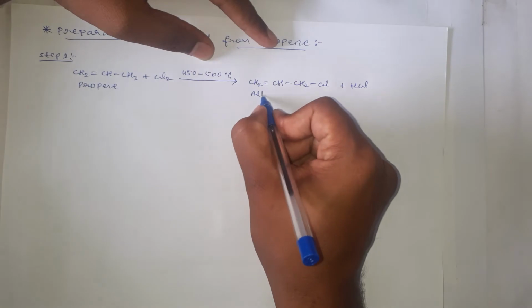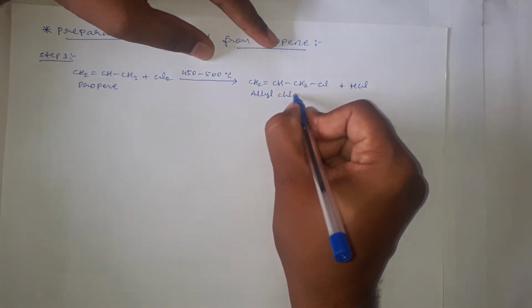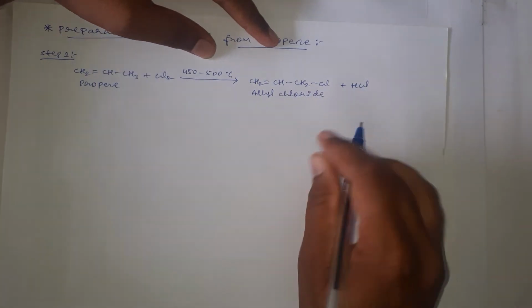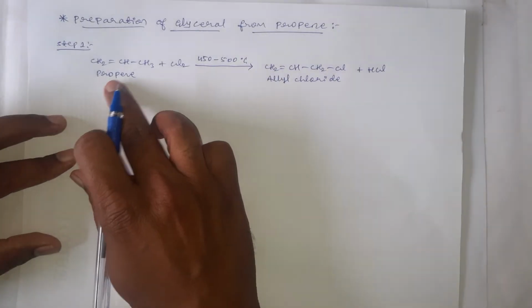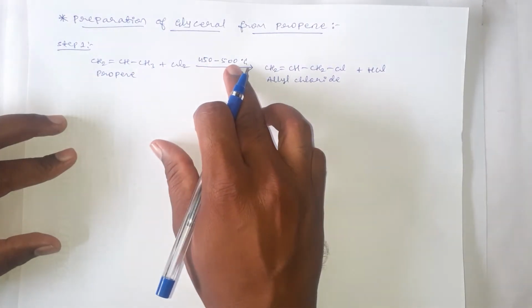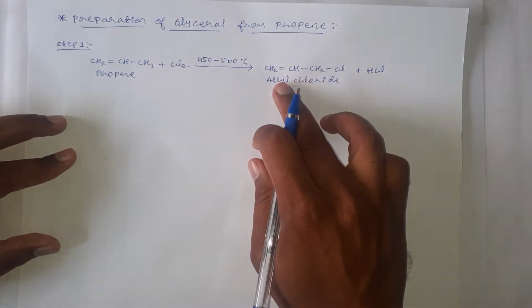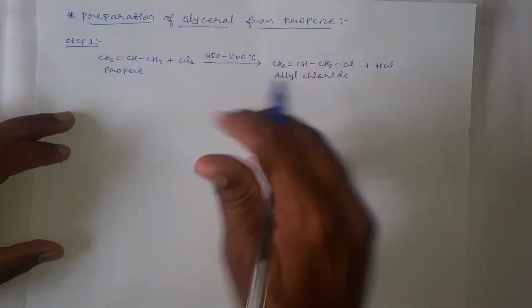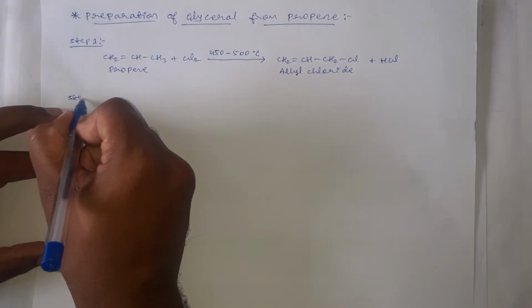This is allyl chloride. When propene is heated with chlorine gas at a high temperature of about 450 to 500 degrees Celsius, we will get allyl chloride.